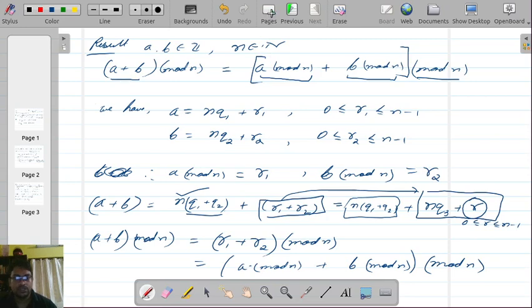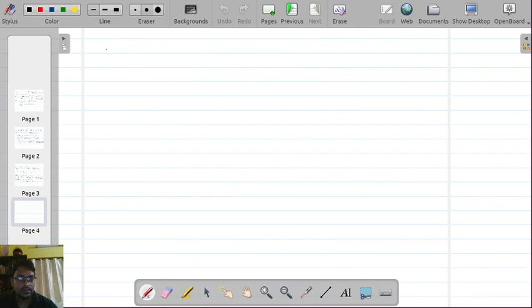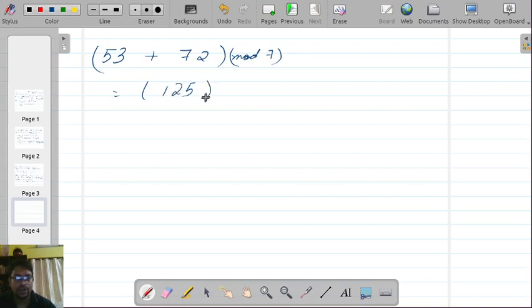Let me give you one illustration of this result. Say we have 53 plus 72, and I want to find the remainder when we divide this by 7. Let me add these first: 3 plus 2 is 5, 5 plus 7 is 12, so it's 125 mod 7.